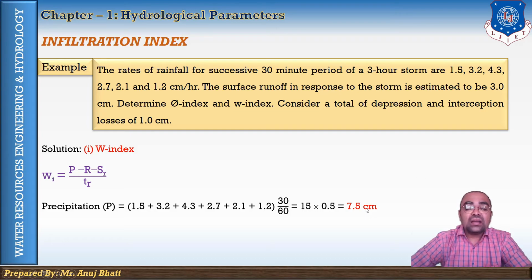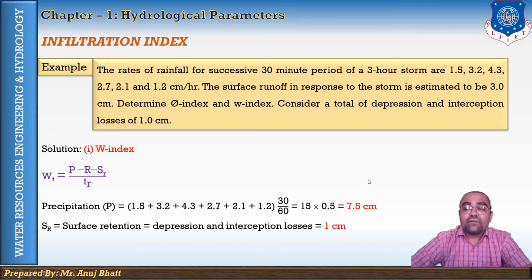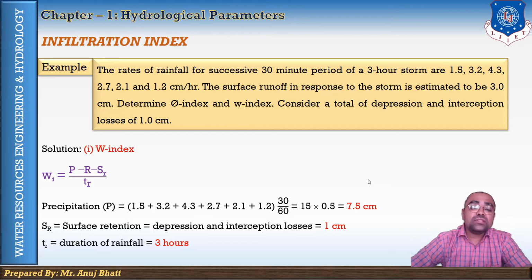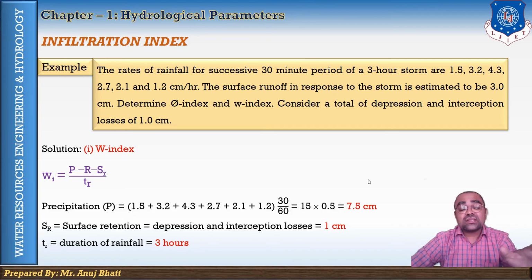Then R is the surface runoff, that is 3 centimeter, and SR is the surface retention, that is of depression and interception, the value of which is 1 centimeter. At last, the duration of rainfall, that is 3 hours. 30 minute is the successive period of rainfall, but the total time duration is the 3 hour storm. So the total duration of rainfall that we consider is 3 hours.